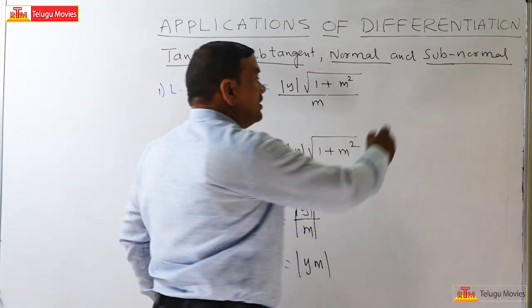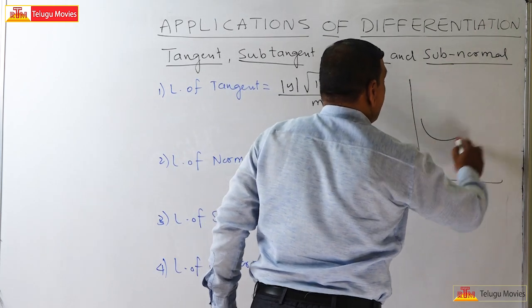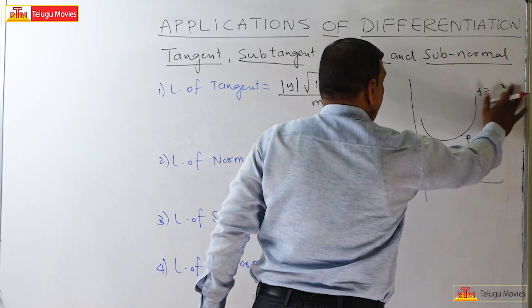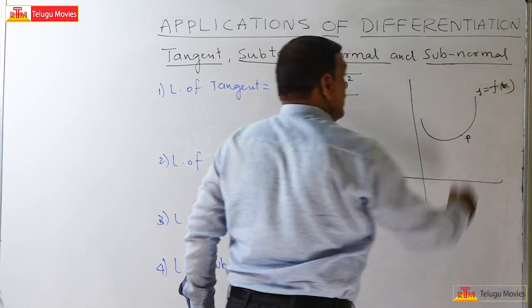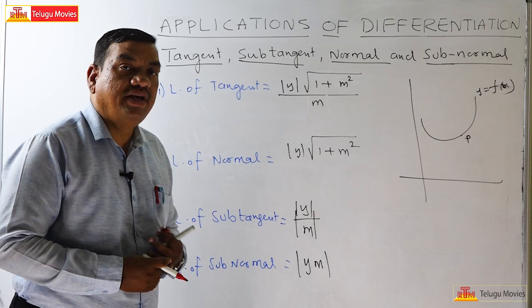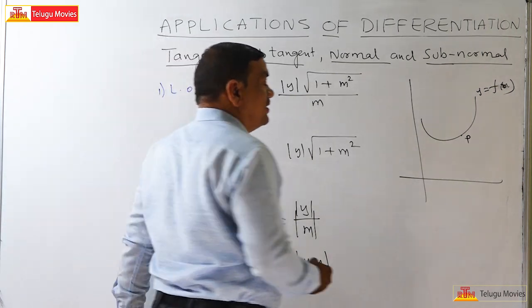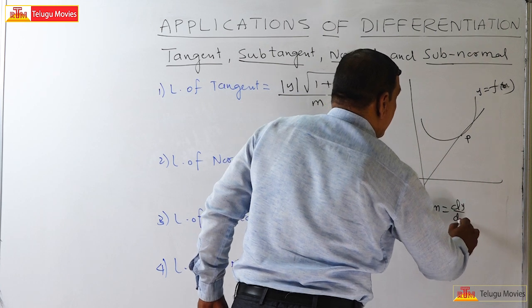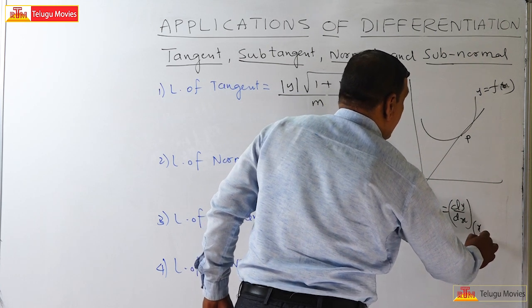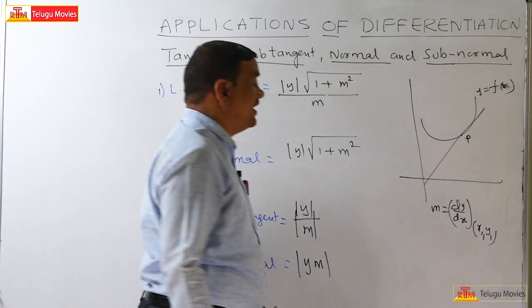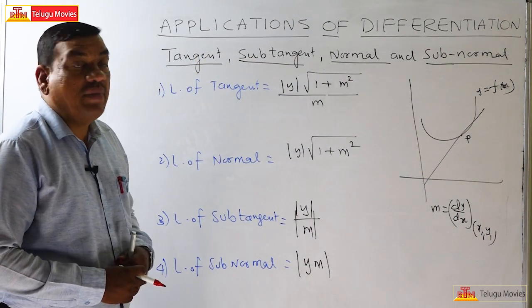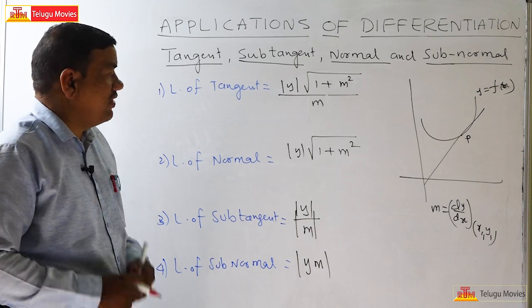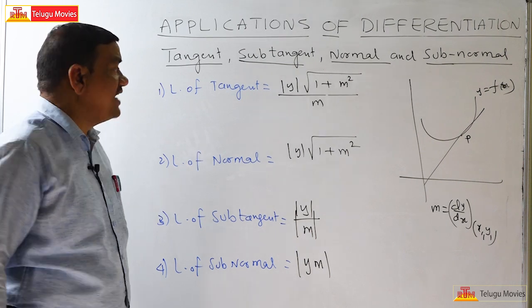Let us take a curve y is equal to f of x. Let P(x1, y1) be a point. Let the slope of the tangent m be equal to dy by dx at the point of contact (x1, y1). So m is the slope of the tangent.